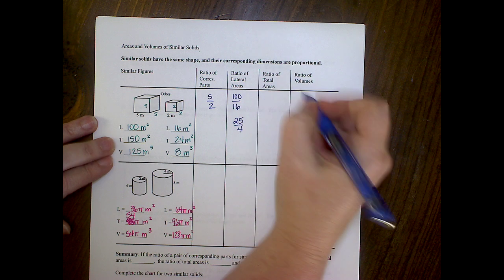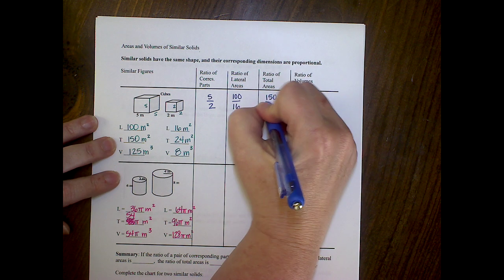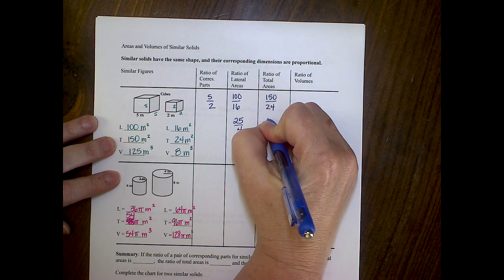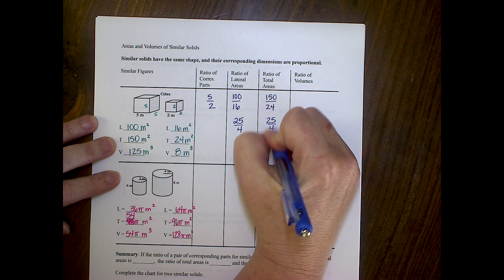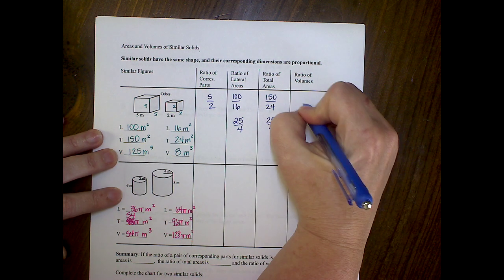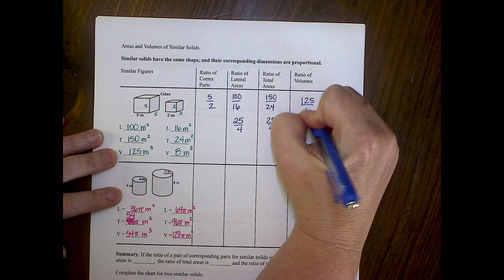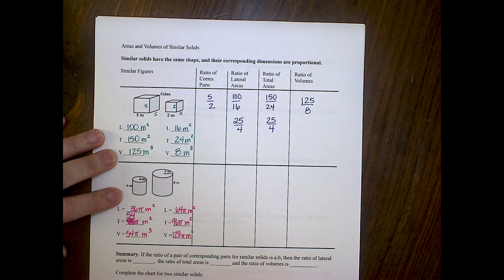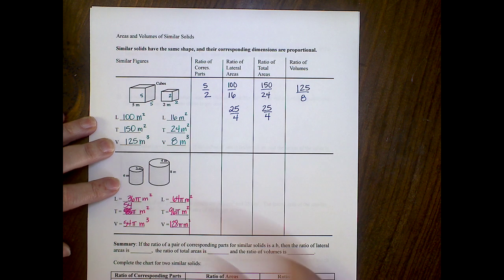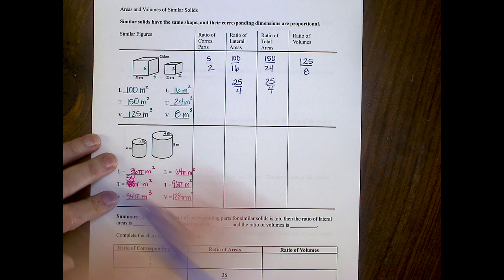The ratio of our total areas is 150 over 24, which also reduces to 25 over 4. And the ratio of our volumes is 125 to 8, which does not reduce. So we'll come back to this in a second once we see what the pattern is.